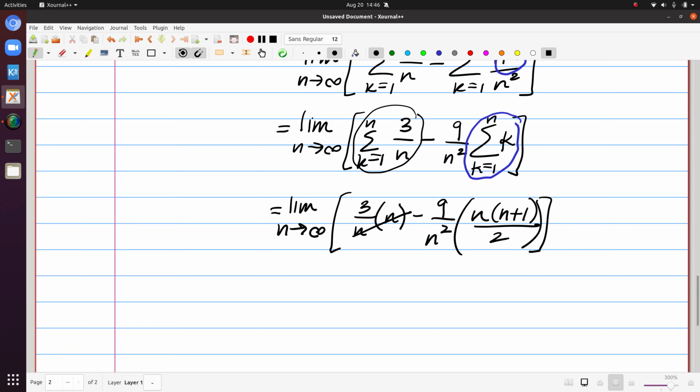these cancel. And the other thing to think about is this second limit here is essentially a quadratic in n divided by a quadratic in n. So we could use L'Hopital's rule, but the other thing that can be helpful is if you have a polynomial divided by a polynomial and you're sending n to infinity, you want to look at the degree of the top and bottom. So the top is degree 2, the bottom is degree 2.